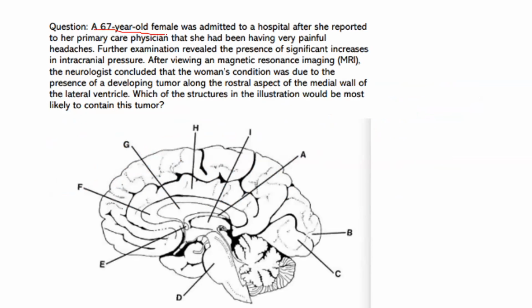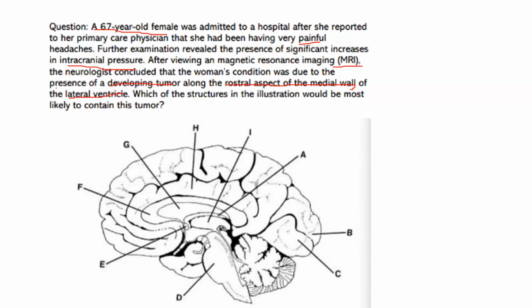For this one, a 67-year-old female was admitted to the hospital after she reported to her primary care physician that she has very painful headaches. Further examination shows high intracranial pressure, and they did an MRI. She has a developing tumor on the rostral aspect of the medial wall of the lateral ventricle. They basically want you to identify which one of these this is.